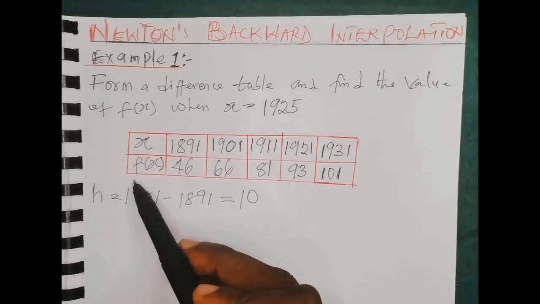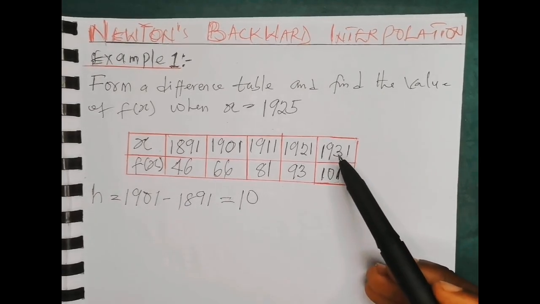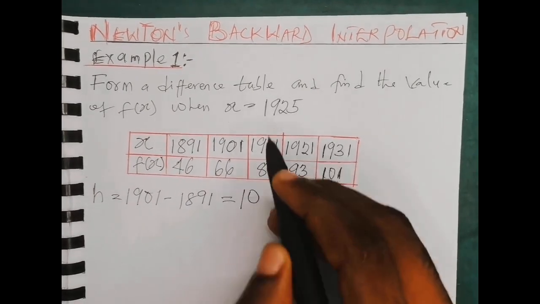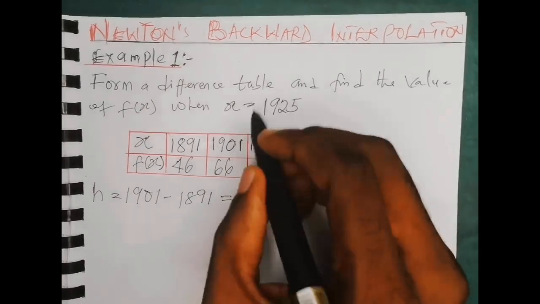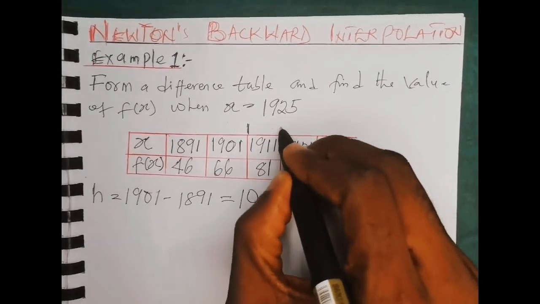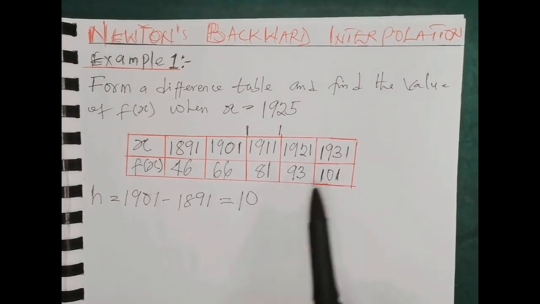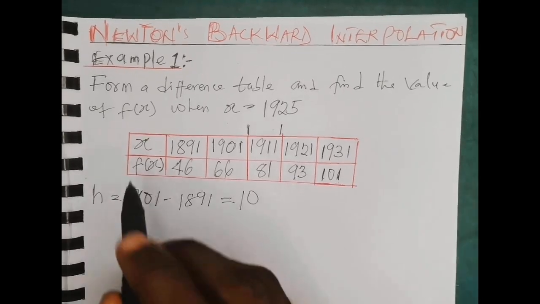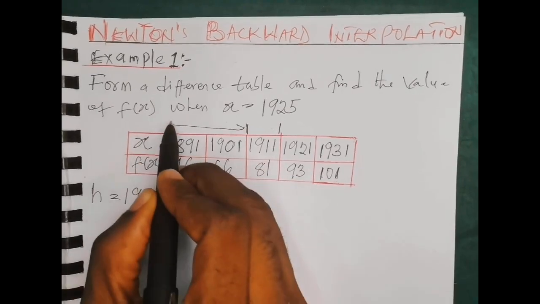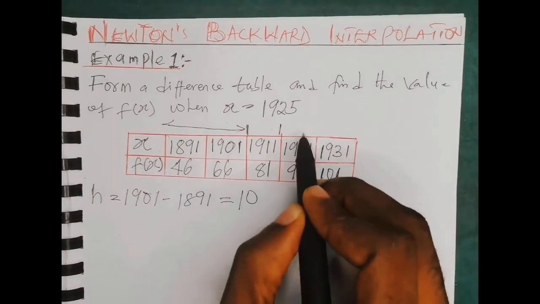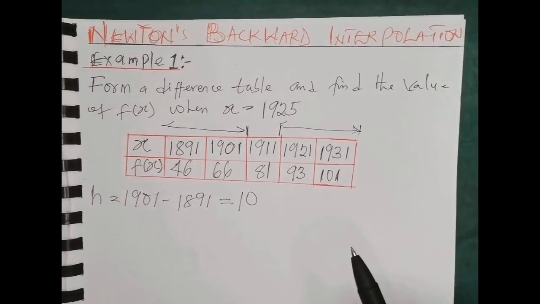So excluding x and f of x, the table that contains real values includes 1, 2, 3, 4, 5 columns, which means this can be the center of the table. Now, the table of numbers from the beginning to the center of the table is the forward table, whereas the table of numbers from the center to the end of the table is called the backward table.